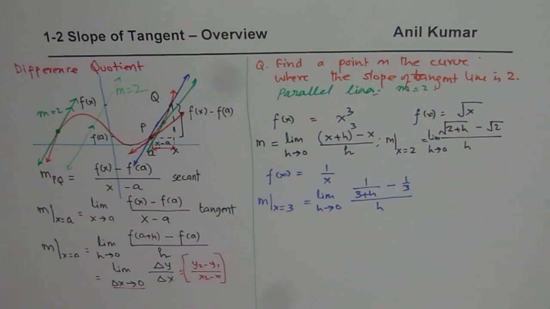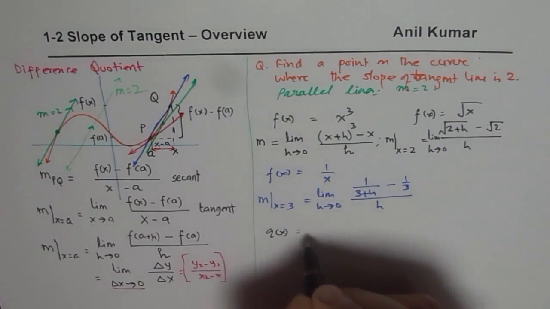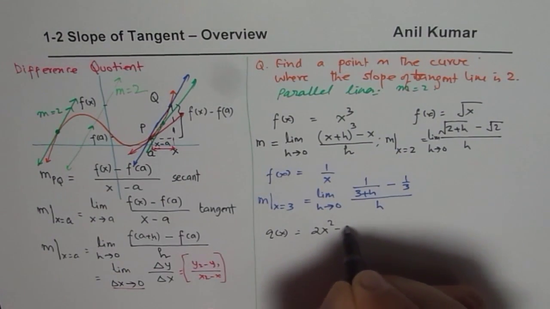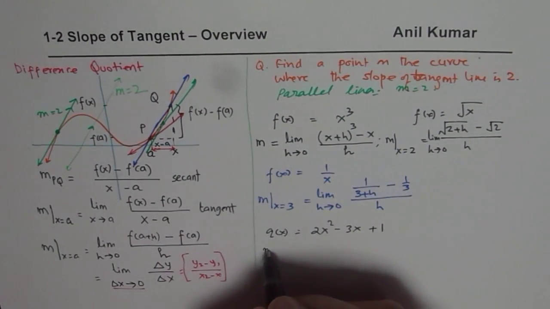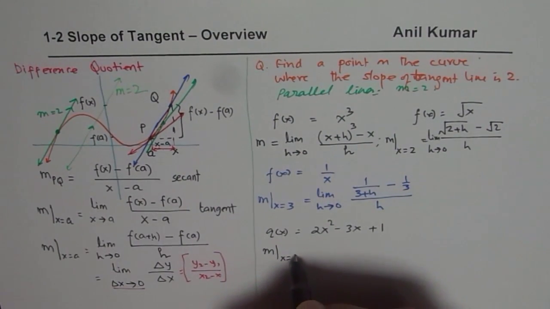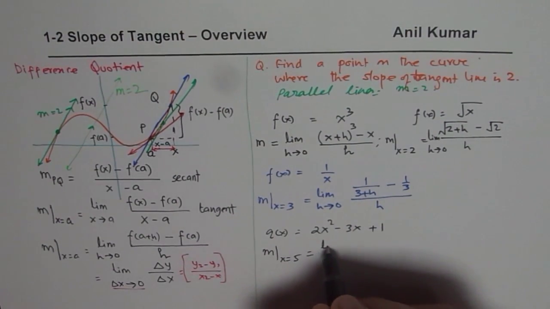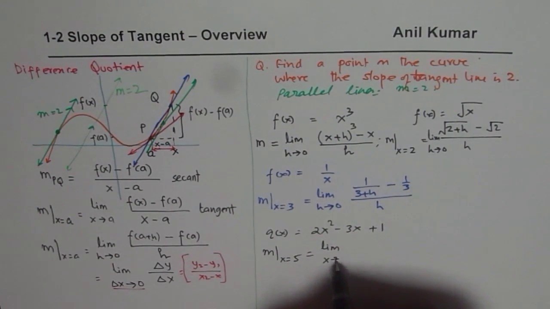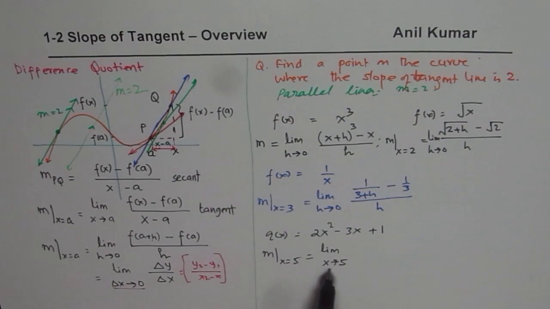At times, you may have a quadratic function, let us say 2x squared minus 3x plus 1. If you want to find the slope at the point where x equals 5, you can say limit h approaches 0, and replace each x with 5 plus h.